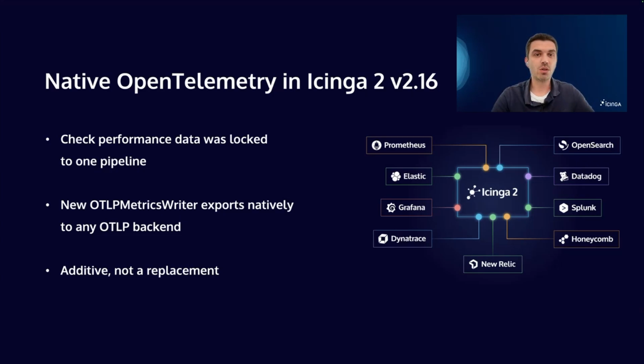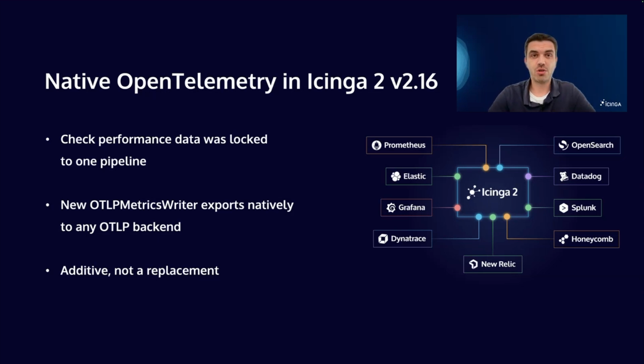Those tools work, but they tend to lock your metrics into one specific pipeline. If you also wanted that data in, let's say, VictoriaMetrics or Grafana Mimir, or have them correlated next to your application traces, that meant custom bridges, extra scripting, extra tooling, or just going without it.